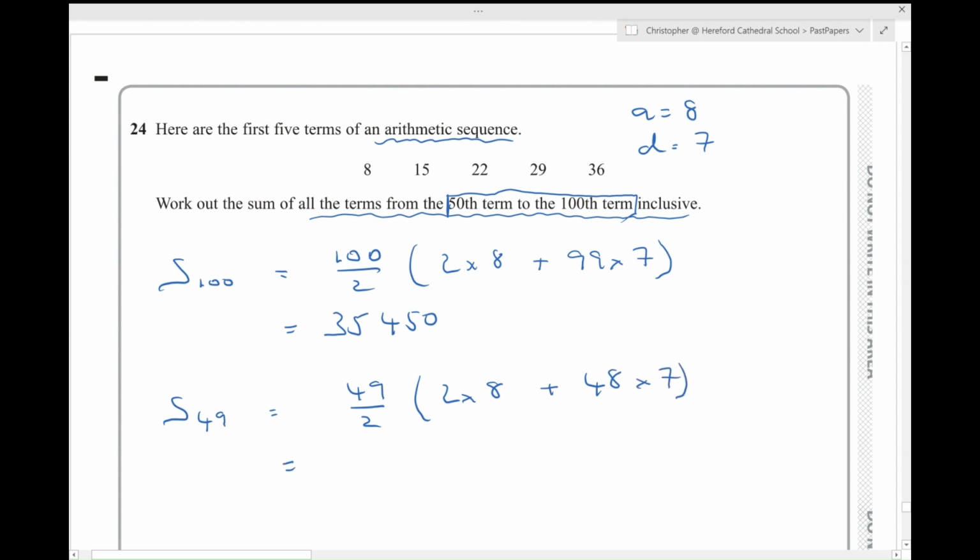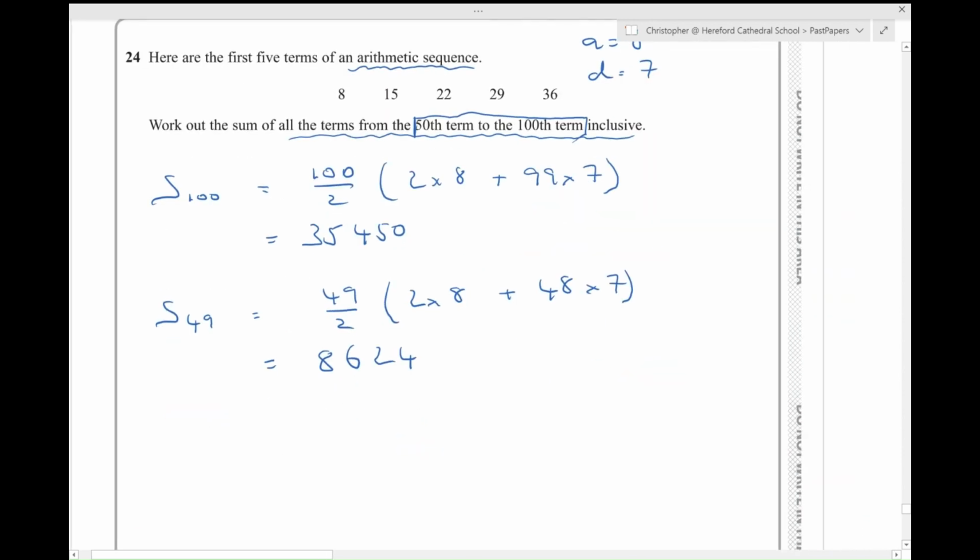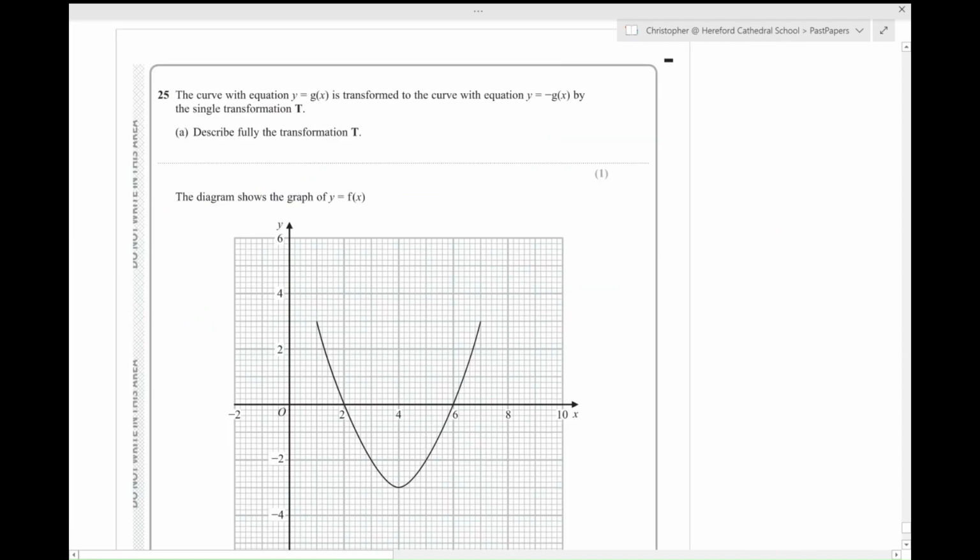And on my calculator, I get 8,624. All right, so the sum of all the terms from the 50th to the 100th will be 35,450 minus 8,624, giving me an answer of 26,826.